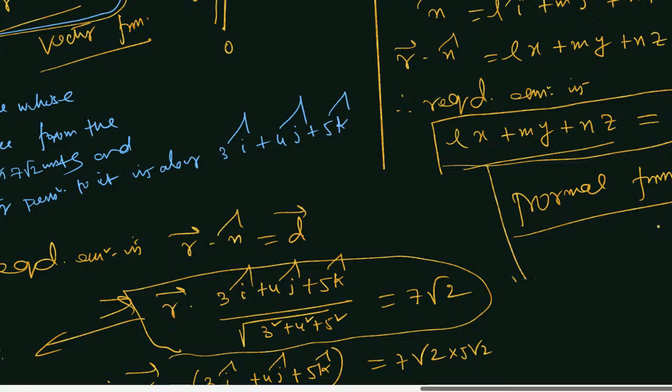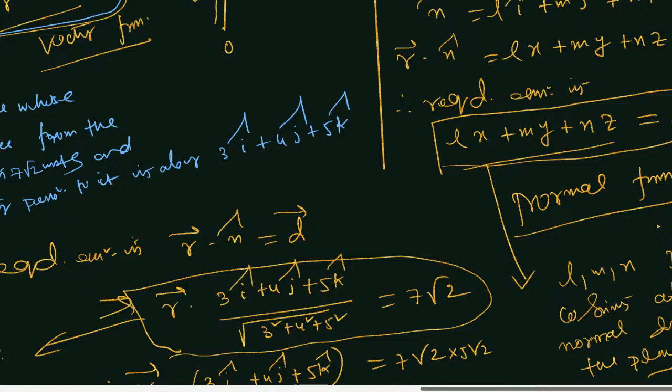So for this plane, l, m, n are known as direction cosines of the normal drawn to the plane. Agree or not? These are called direction cosines of the normal drawn to the plane.